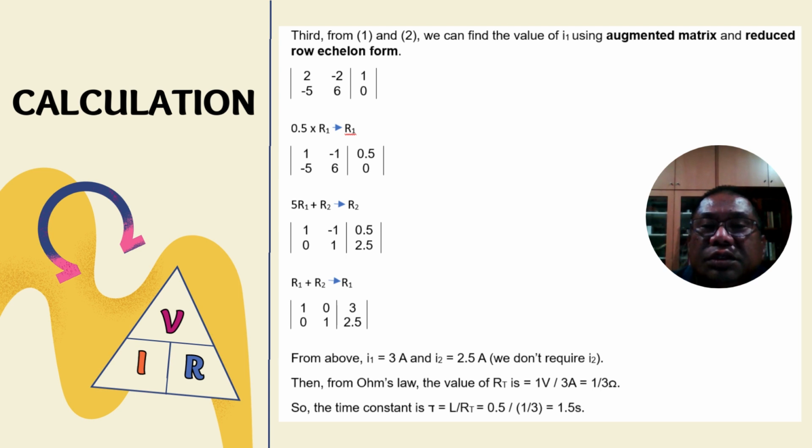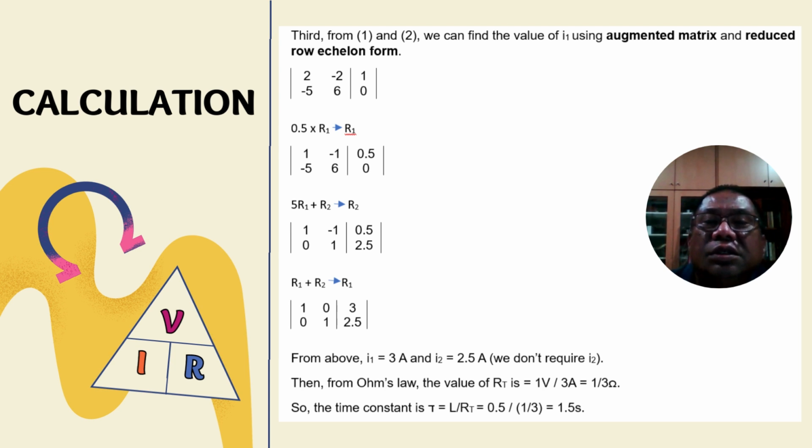Either we use the Gaussian elimination method, or we can use the inverse matrix, or we can use Cramer's rule. But I prefer to use the reduced row echelon form.